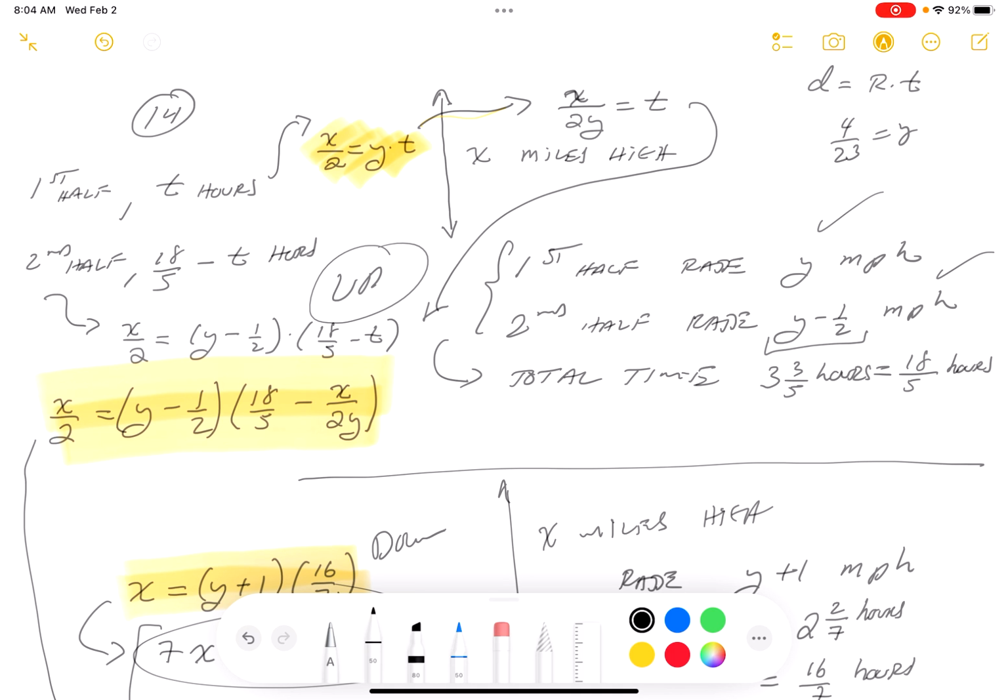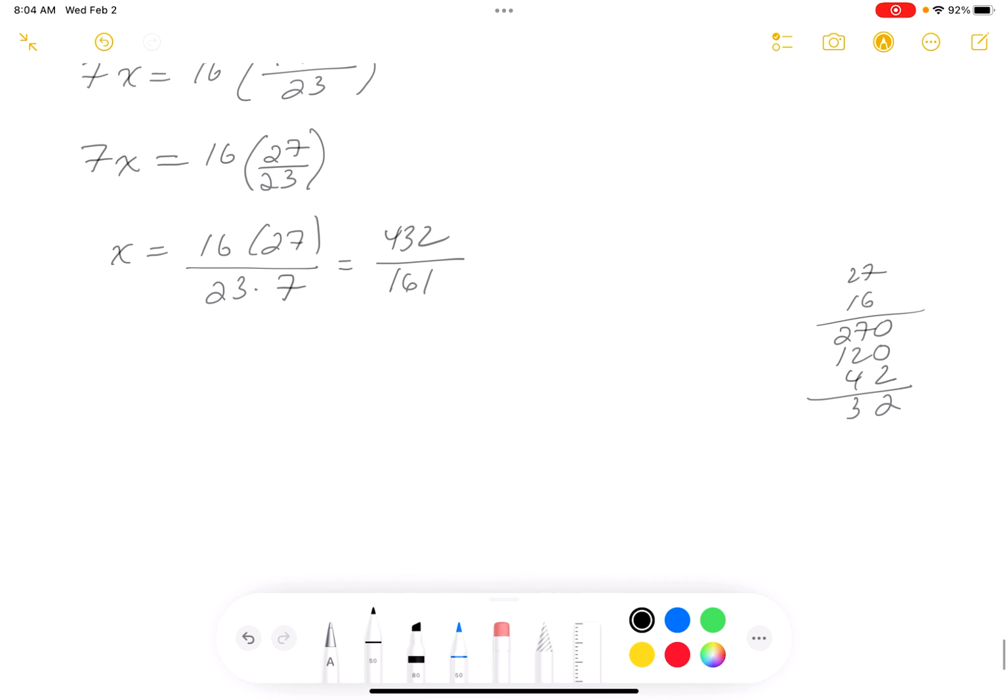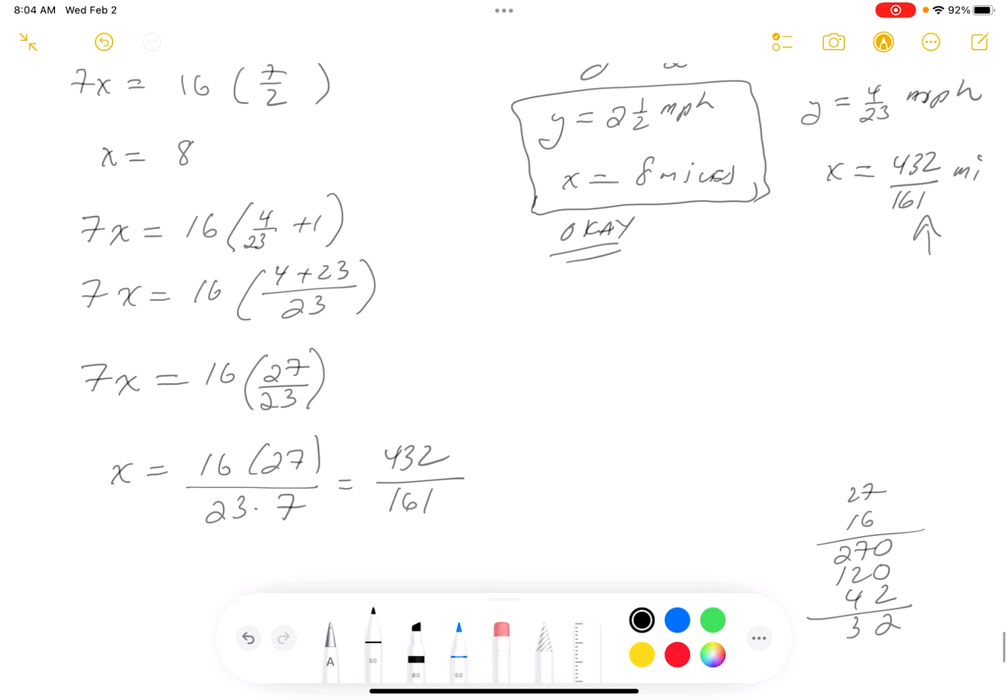What would this one be? Well, that'll be 4 over 23 minus 1/2. That's 46, right? And what do you get over there? 8 minus 23. I hope you agree that that's negative. So that's not possible. All right, that's not possible. So this is out of the question.